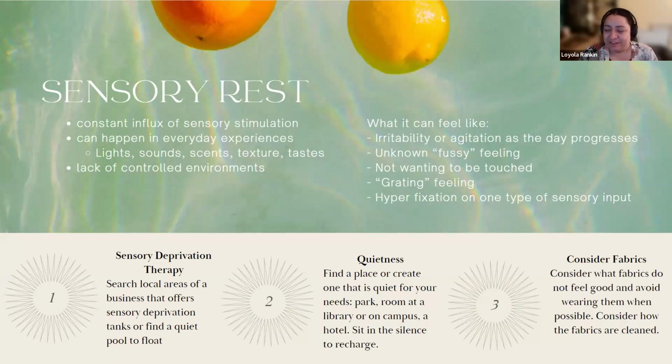the grating feeling that will start to come up. And it's good to know when those things are coming for you. It's an irritability, agitation, and usually it's as the day progresses. Or let's say you're out with friends, you go to a concert, and by the time the main act hits the stage, you're like, I hate everybody here.